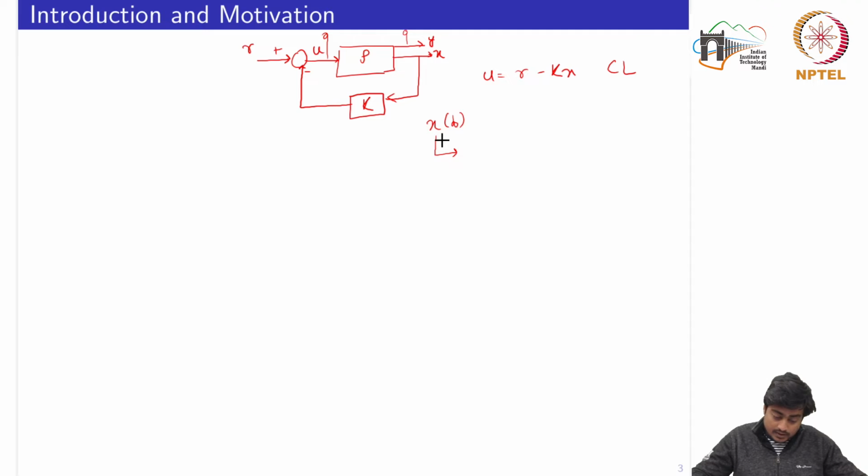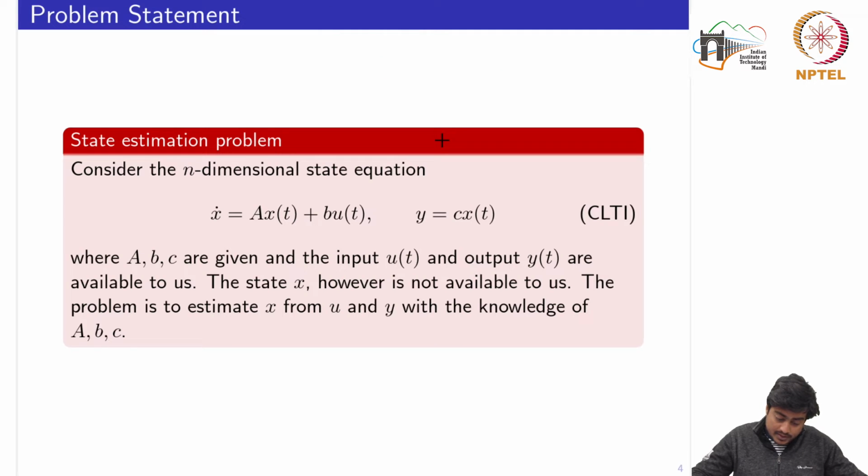So if we go to the precise problem statement, we would consider the n-dimensional state equation where X is an n-dimensional vector and U and Y are scalar, meaning that it's a single input single output system.